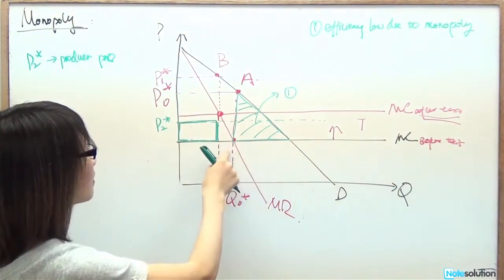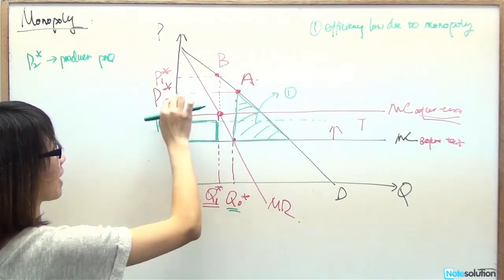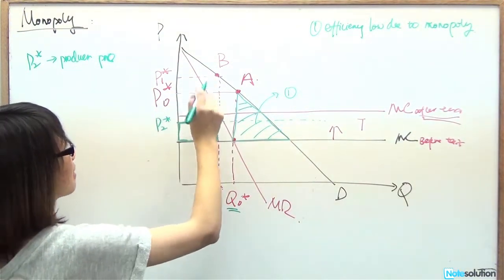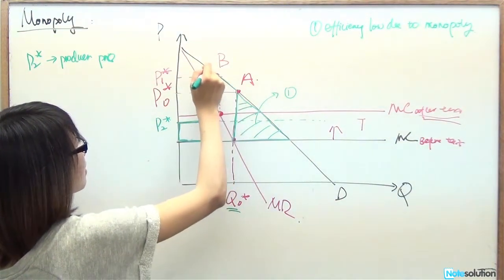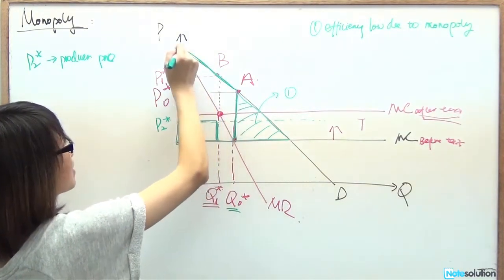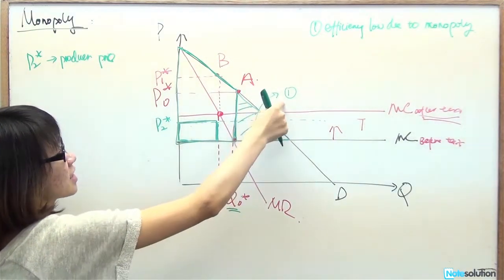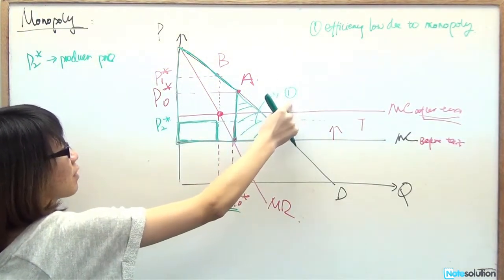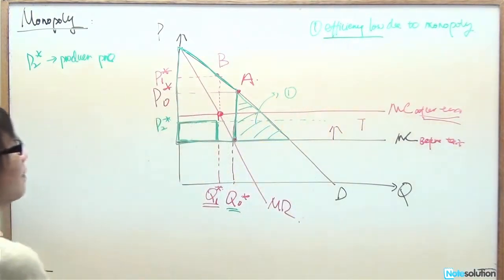But in the monopoly market, we produce Q0 at the price of P0 star. So the whole part on the left is the consumer surplus and the producer surplus. The green triangle that nobody got, which is part 1, is our efficiency loss due to the monopoly.